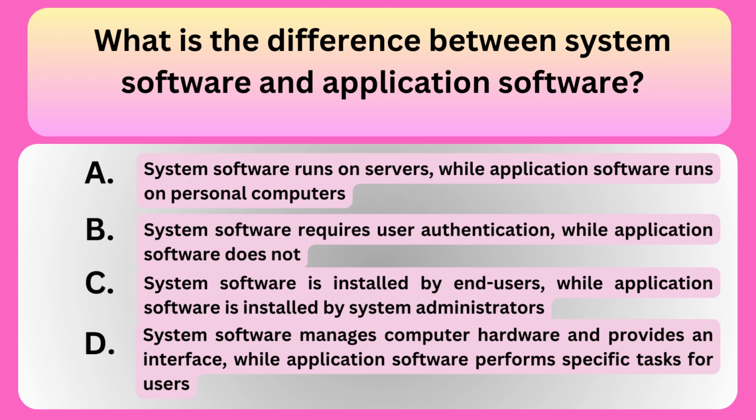System software manages computer hardware and provides an interface, while application software performs specific tasks for users. And the right option is: system software manages computer hardware and provides an interface, while application software performs specific tasks for users.